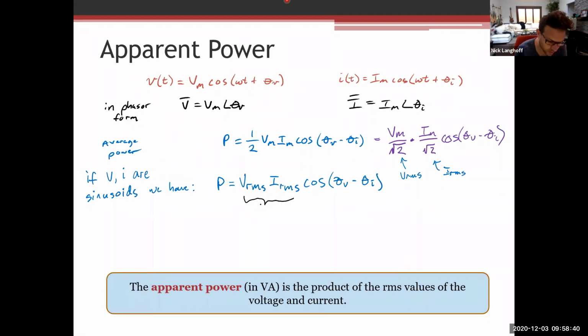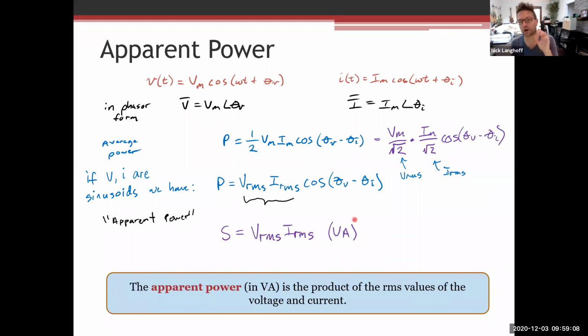We call this the apparent power, and we give it the term S. S is equal to VRMS times IRMS.